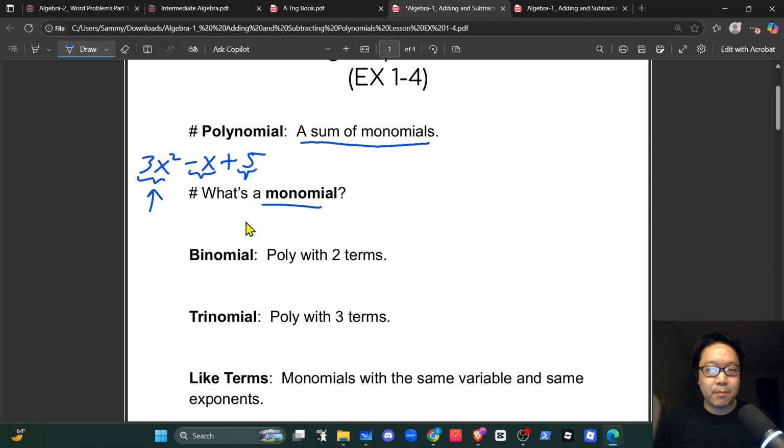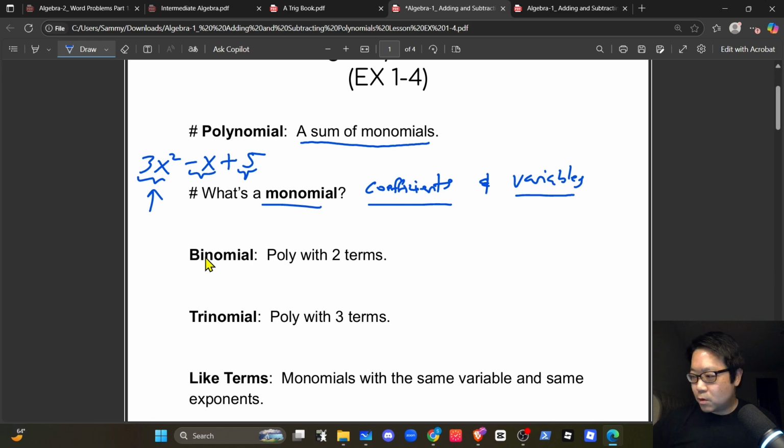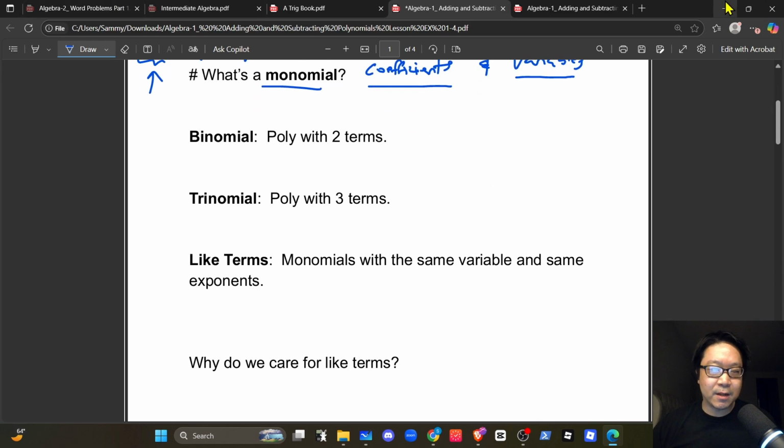It's basically a combination of coefficients and variables, okay? Coefficients and variables.